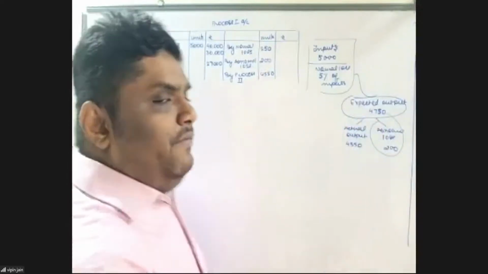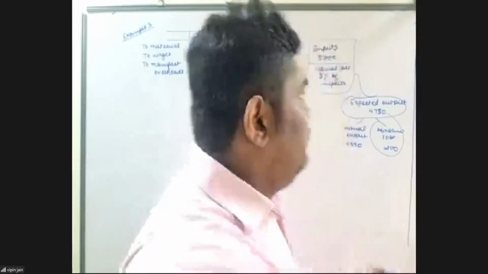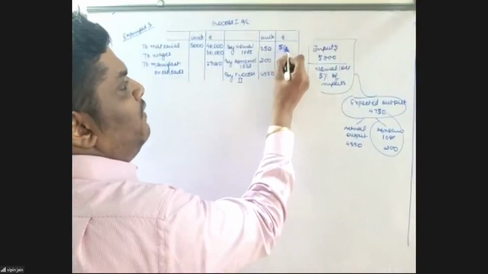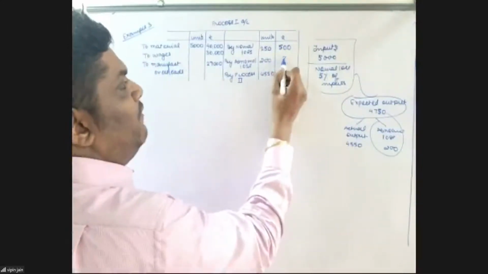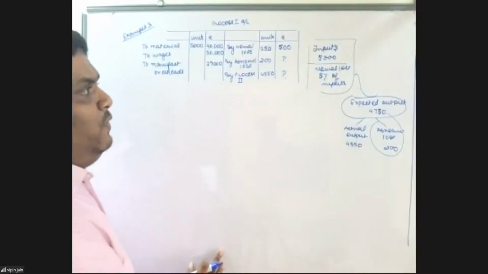Now further it is given in the question that the scrap has a realizable value of rupees 2 per unit. So the scrap value realized is how much? 500. Now the question is what will be the value of abnormal loss and what will be the value of units transferred to the next process.